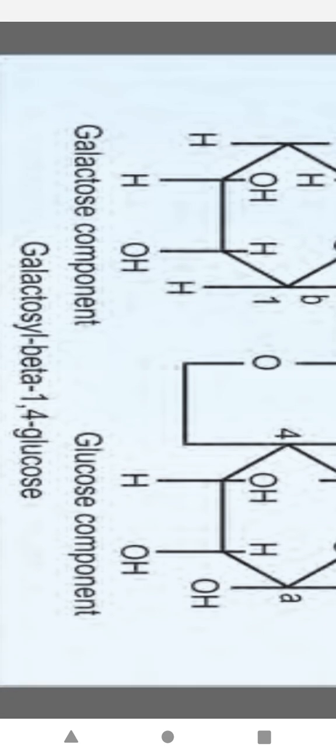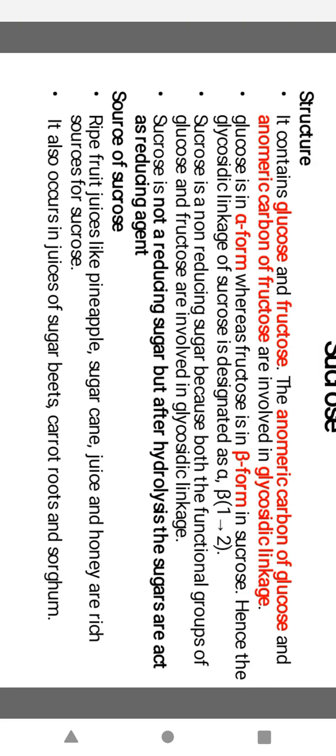Next we see about sucrose. Sucrose is commonly called table sugar. Its source is sugarcane, and it contains two monosaccharide molecules, glucose and fructose. The anomeric carbon atom of glucose and the anomeric carbon atom of fructose are involved in the glycosidic linkage.